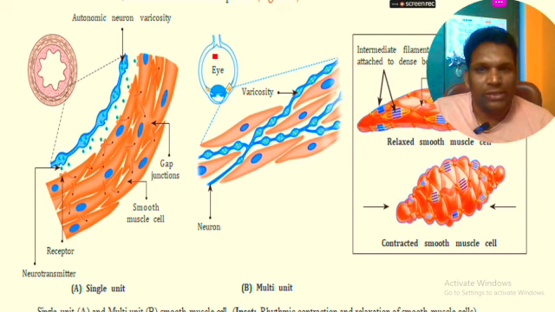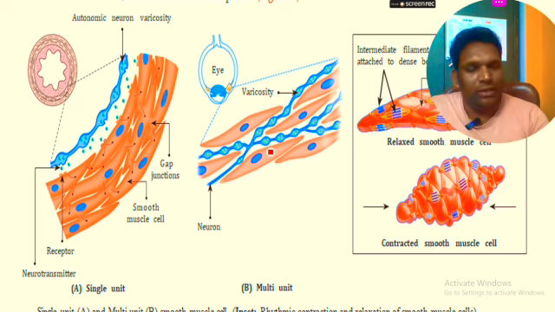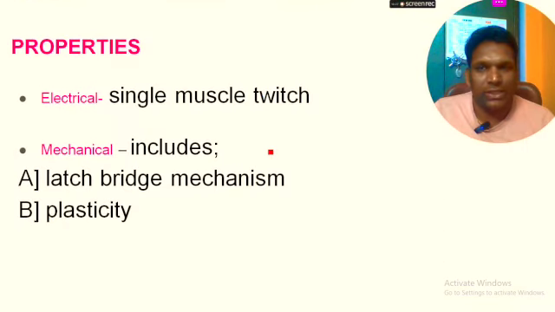Coming to the properties of smooth muscle, this is very important. Mainly two properties can be seen: electrical property and mechanical property. Electrical property is the single muscle twitch.